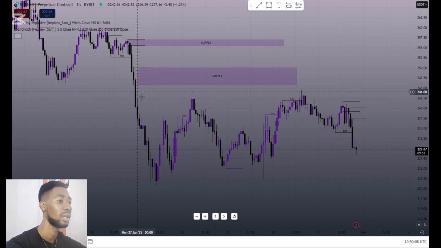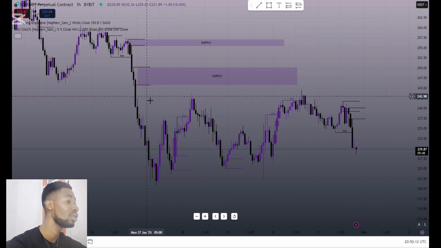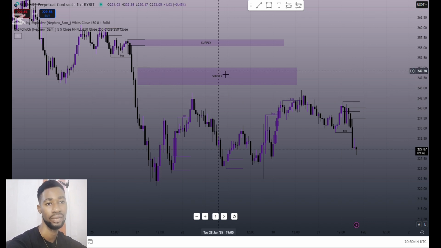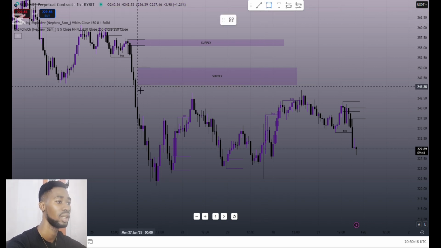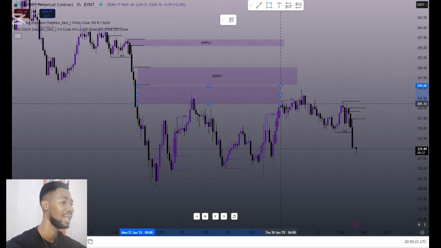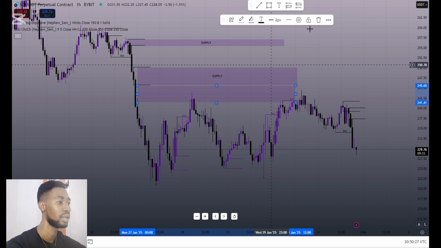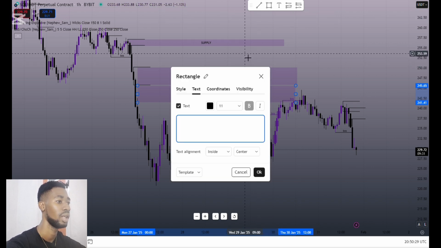Since it did not have another break of structure to the downward side, it's still waiting. So you want to input that yourself. That's why I said you need to understand what you are doing. In as much as indicators are there to help your life, you should be able to see things with your naked eye. So this is a fair value gap like this. I'm going to write FVG.